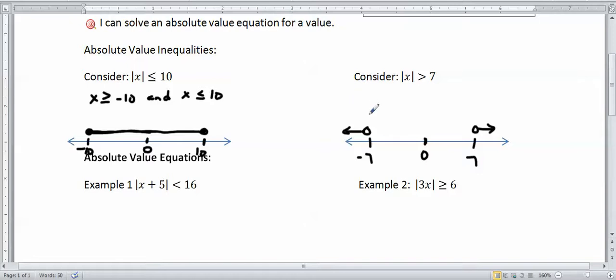Okay. Now in this case, it's not an "and", because these two conditions are very different. I can't have one number that satisfies both at the same time, but I can write it out. So my first one, x and negative 7: well, I have an open circle, so it's not including negative 7, but it's everything that is less than negative 7. So notice how, again, I flipped the sign for the negative. It went from being greater than to less than. And that's because anytime I plug in a negative value to the absolute value, it makes it positive.